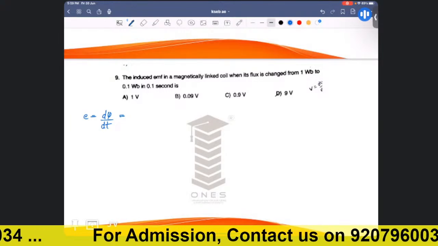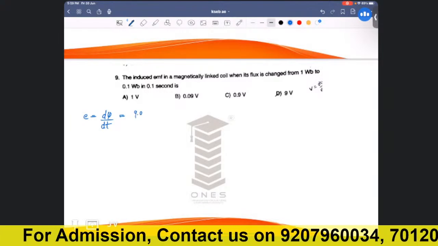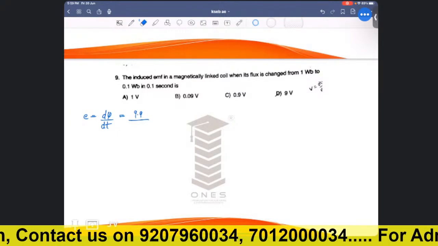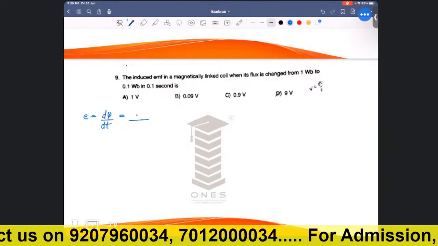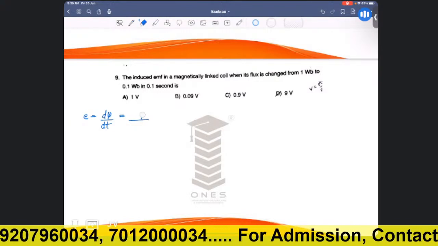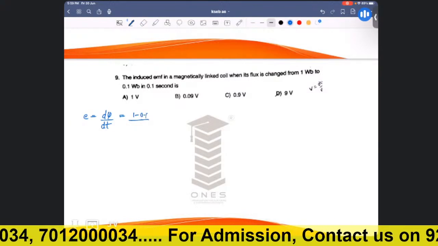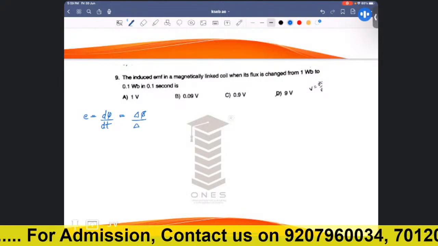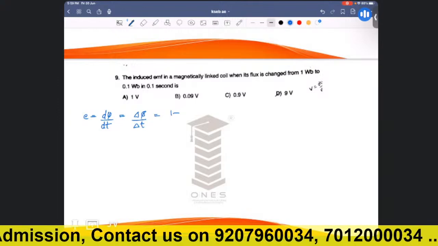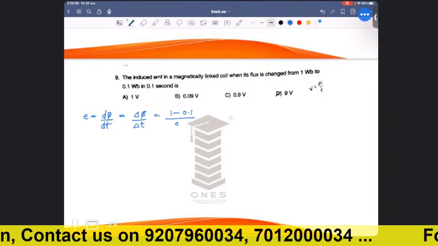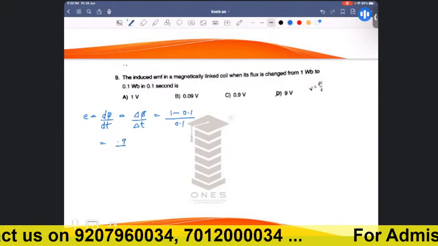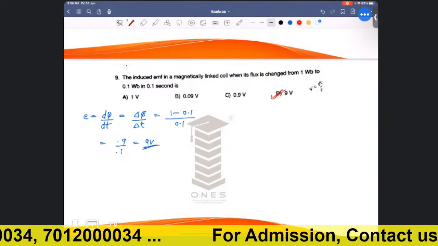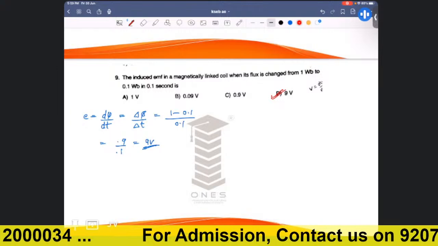Change is 1 minus 0.1, that is, sorry, 0.9. Del phi is 1 minus 0.1, by 0.1 for del t. So 0.9 by 0.1 will be 9 volt. So the EMF induced will be 9 volt.